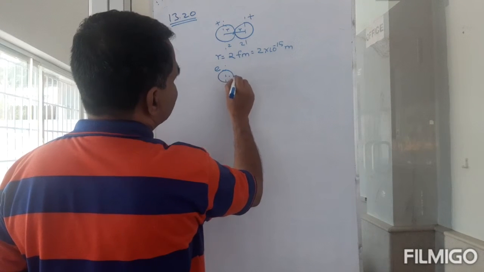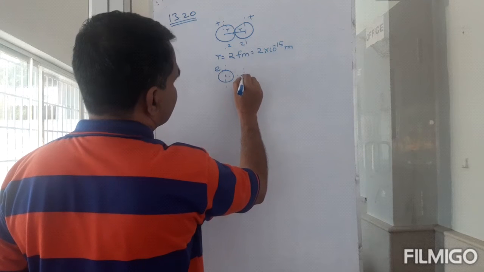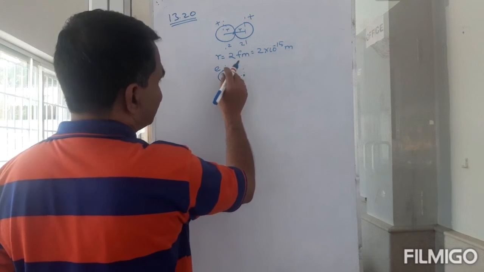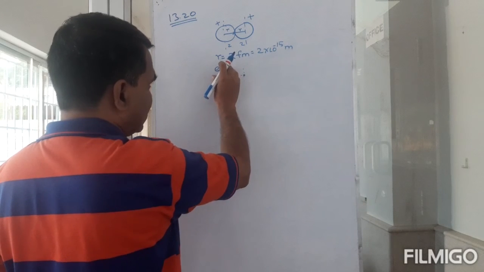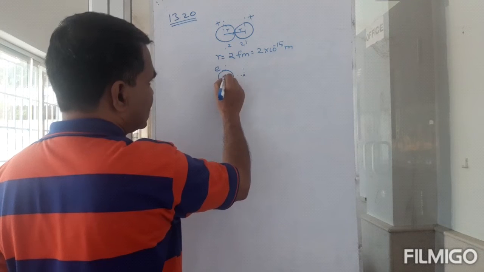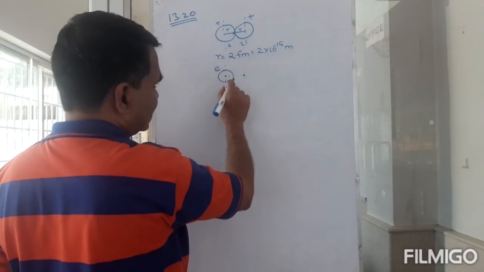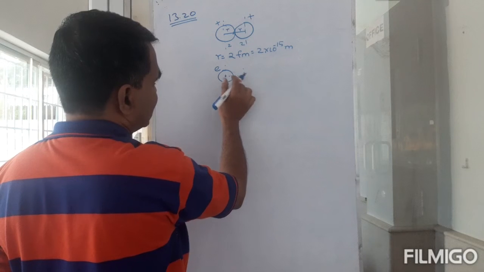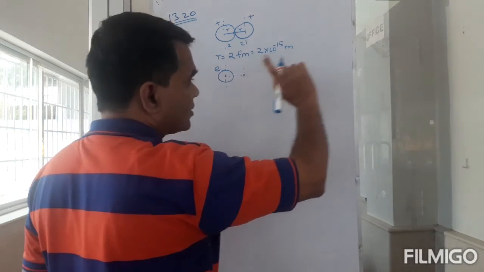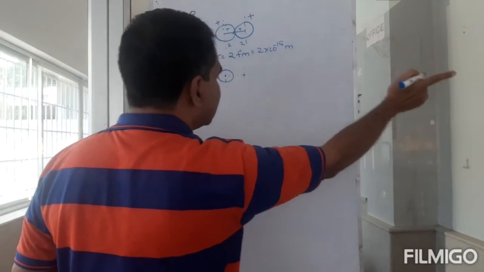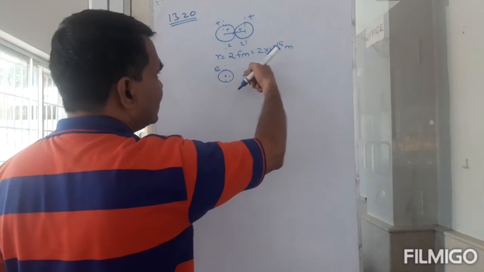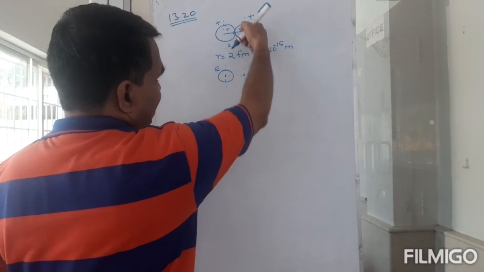And what would be the potential at this distance? Well, I can assume that the charge is concentrated at the center, and here also the charge is concentrated at the center. Now the distance is 4 femtometers. What would be the potential? That is, what is the work you have to do to bring it from there to here, effectively, right?